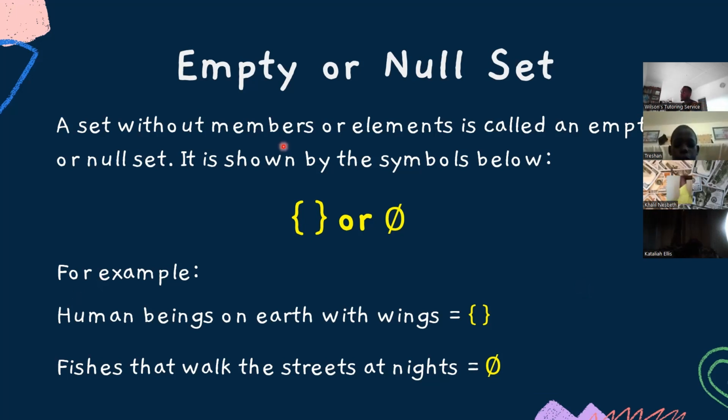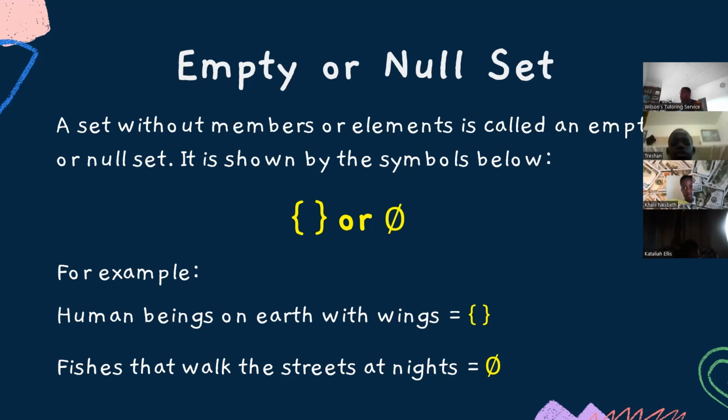Take for example, human beings on earth with wings. Would that set have any members? No, sir, it would not have any. All right, good. So no, that would not have any members at all.